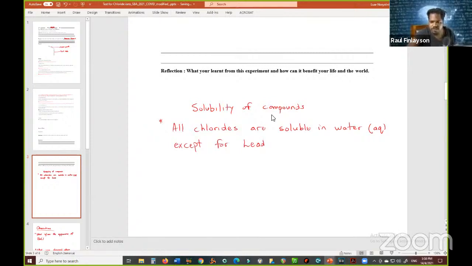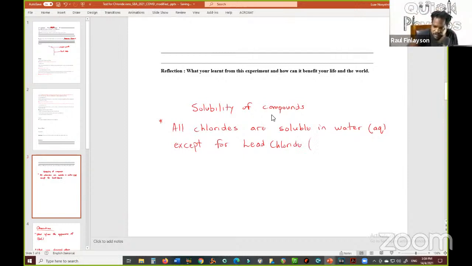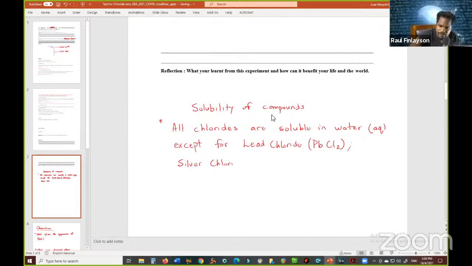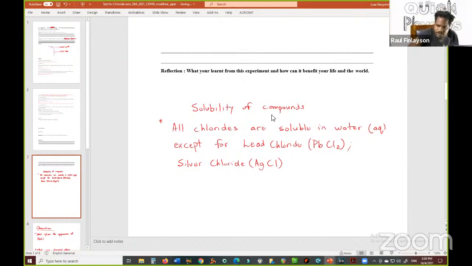All right, lead chloride, and that's PbCl2. And also except for silver. So silver chloride. These are the only chlorides not soluble in water. All right. So it's AgCl, that's the formula for silver chloride.